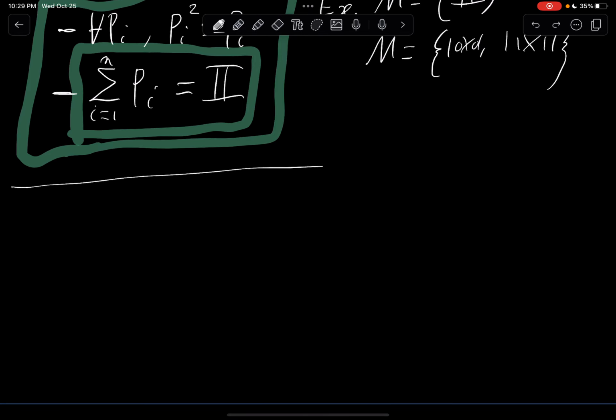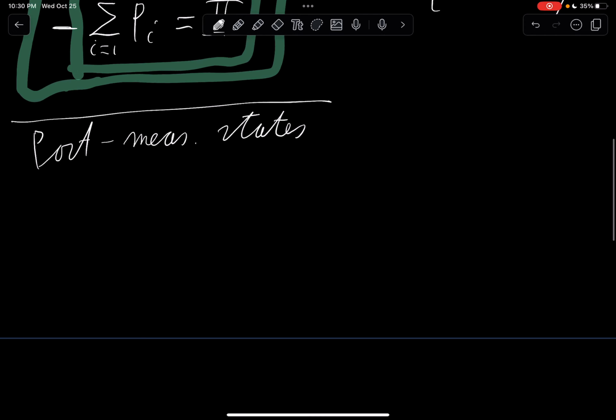Okay. Let's move on to post-measurement states. So this is also by definition, or I guess more of a postulate of quantum mechanics.